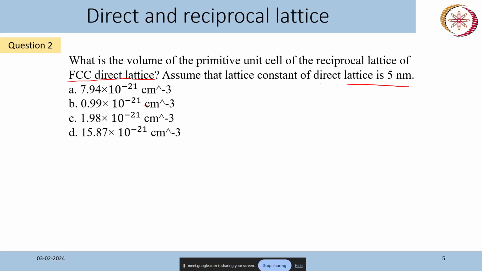We will first determine the volume of the primitive unit cell for FCC, the way we did in the last example, and then the primitive lattice vectors for FCC. What will be the volume of the primitive unit cell for FCC? So let's first do it for the direct lattice.